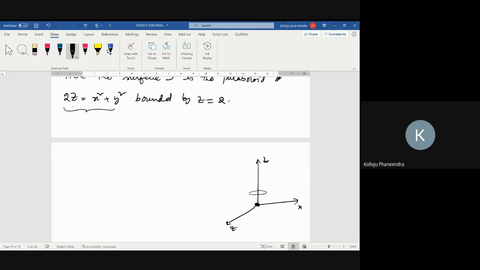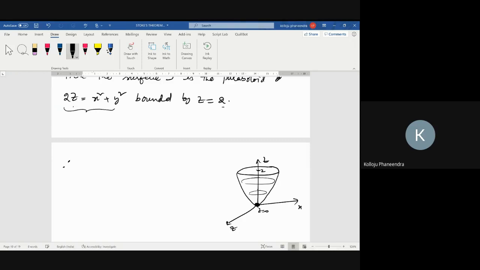Next, when I put z equal to 2, x square plus y square is 4, a bigger circle. Up to z equal to 2, let me stop here. It will look approximately like this, bounded by the paraboloid.